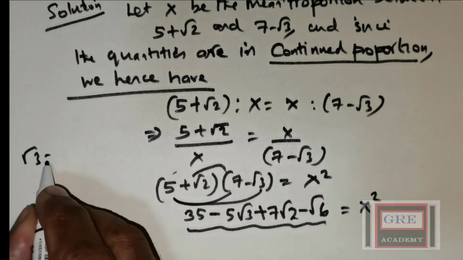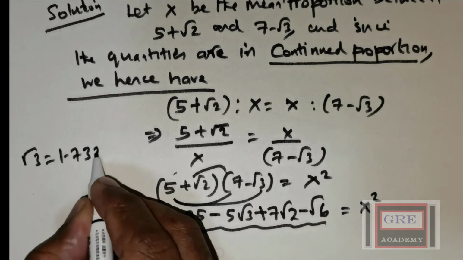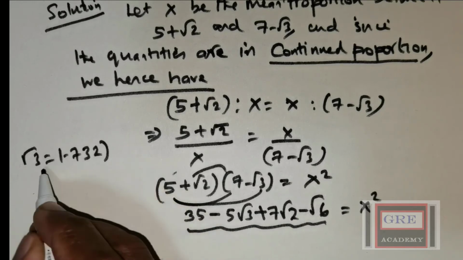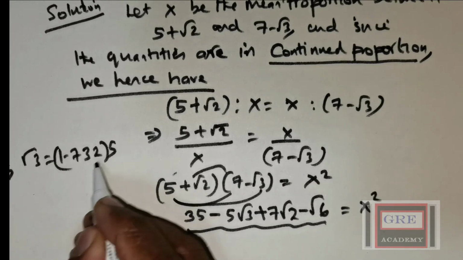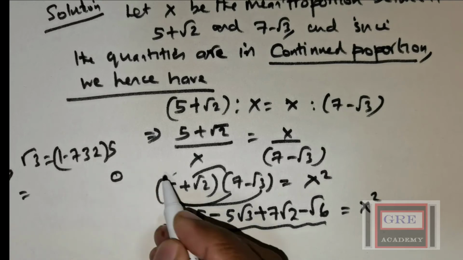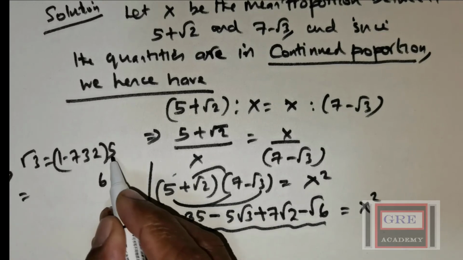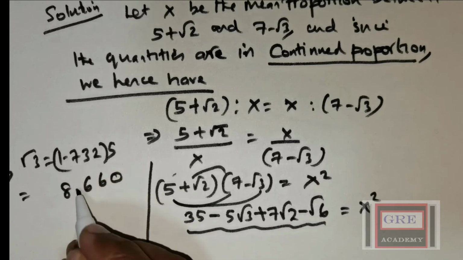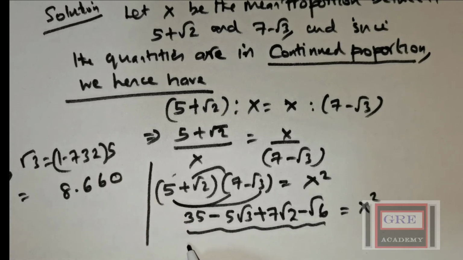We know that √3 value is 1.732. So this has to be multiplied with 5. That would give me 8.660.